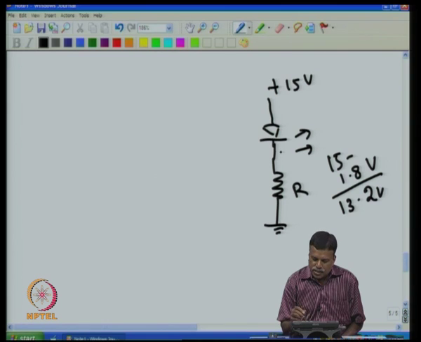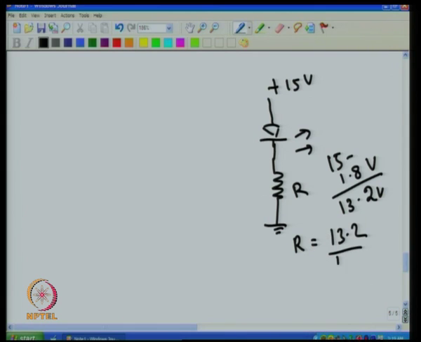Since these two are in series, the same 10 milliampere goes through the resistance. With 13.2 volt across it at 10 milliampere, the resistance R is 13.2 divided by 10 times 10 to the minus 3, which becomes 1.32 K. If I put a 1.32 K resistance here, the resistance will have 13.2 volt and the LED 1.8 volt, and the LED glows and will not go bad.